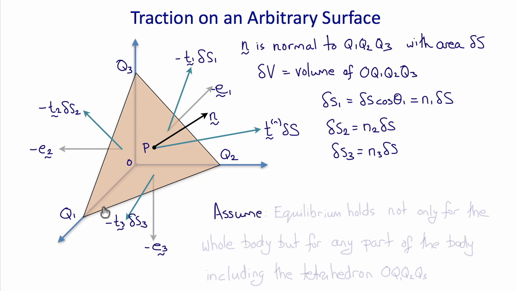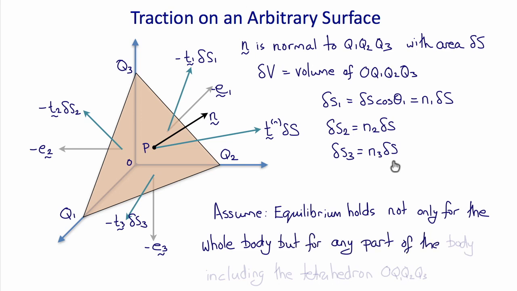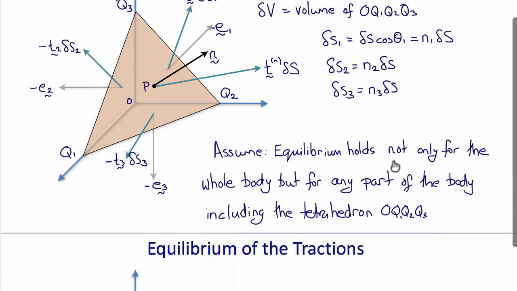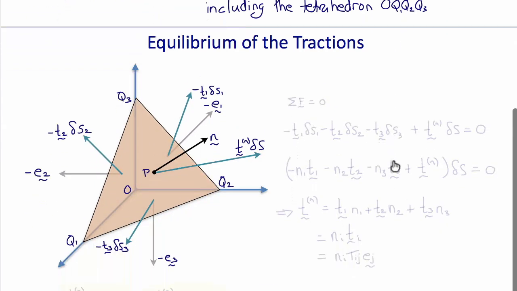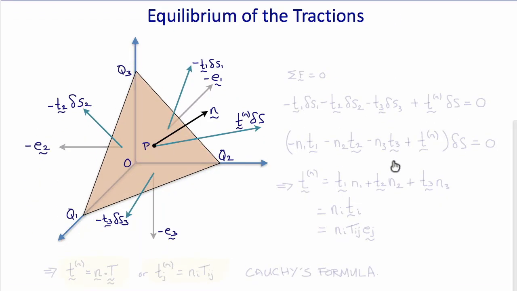Now, let's assume that equilibrium holds not only for the body as a whole, but for any individual small part of the body, including the arbitrary tetrahedron O, Q1, Q2, and Q3. So equilibrium says that the sum of the forces is 0, sigma F equals 0.